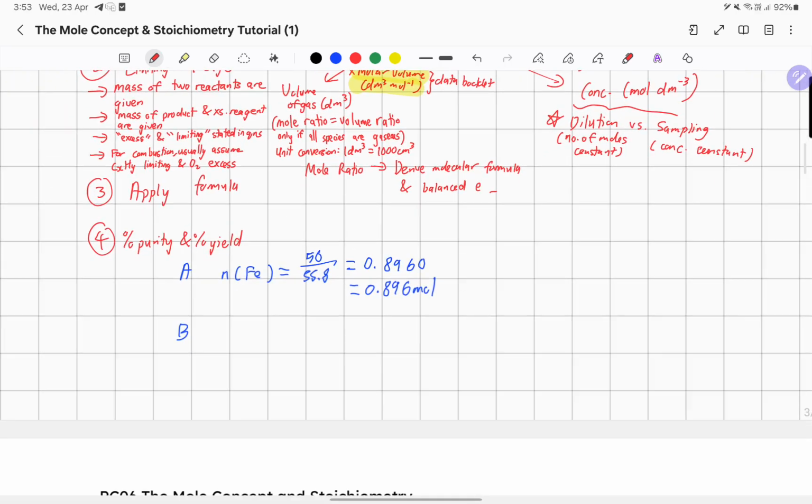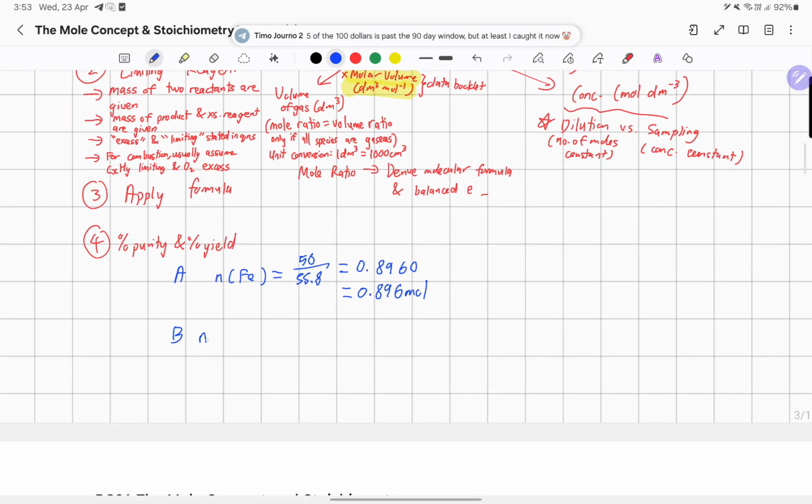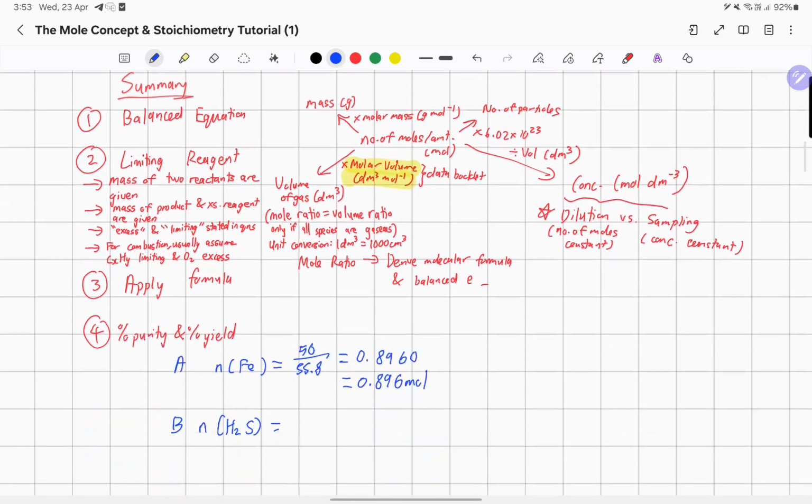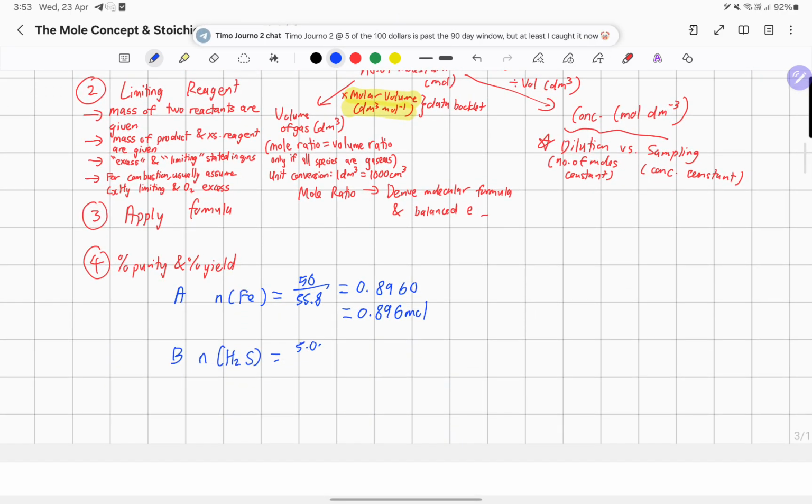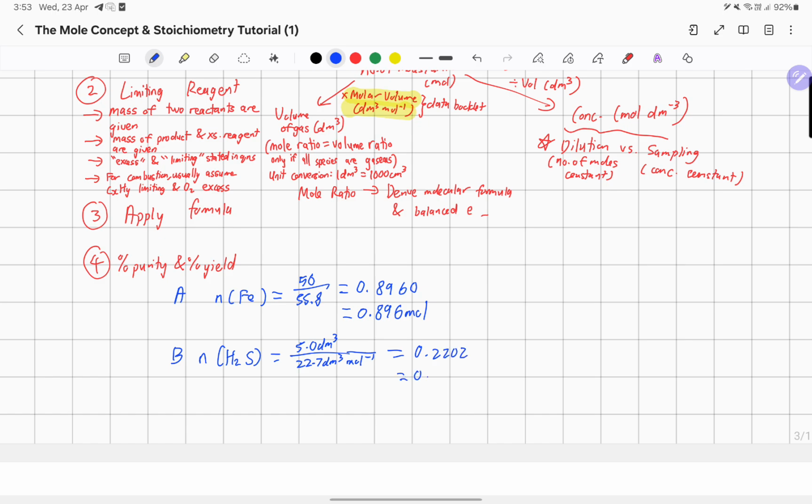Okay, so number of moles of H2S molecules equals 5.0, the volume, divided by the molar volume, which is 22.7 dm cube per mole. Okay, and that will give you 0.2202. Okay, to 3 SF will be 0.220.